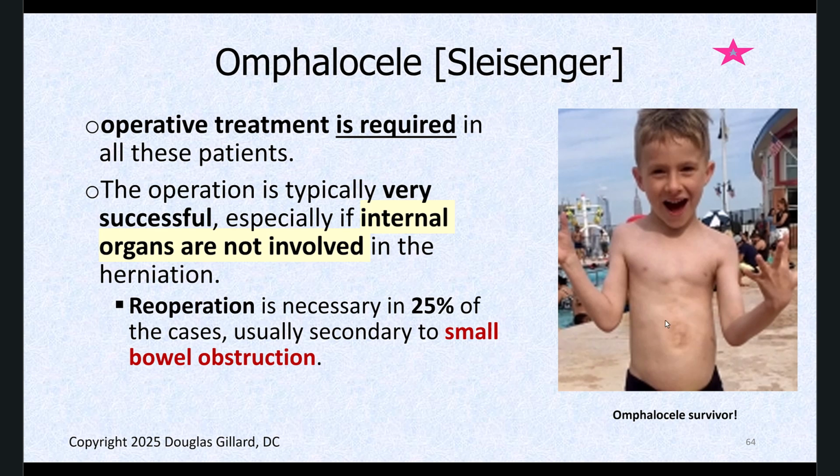They tend to reoccur in adulthood. 25% of the cases need a reoperation, especially secondary to small bowel obstruction. Anytime you open the peritoneal cavity, scar tissue can form, and that can wrap around the intestines and strangle them, causing a blockage. That's one of the acute abdomen signs that would send you to the emergency room.